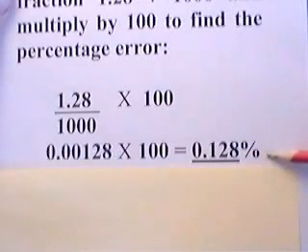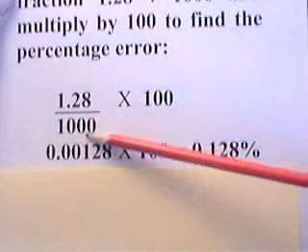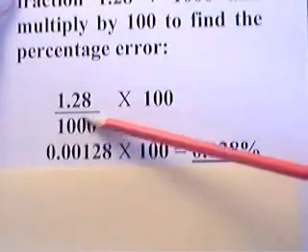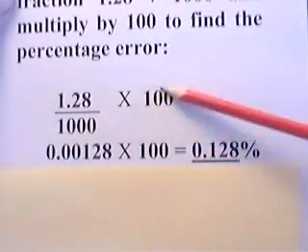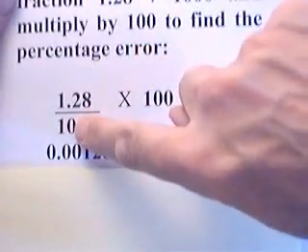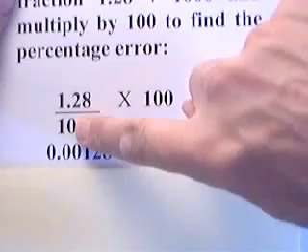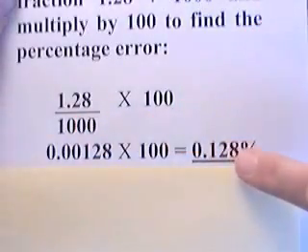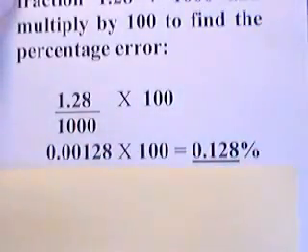That is the percentage error. I could of course here have crossed off 1 0 there, 1 0 there, with 1 0 here and 1 0 there, leaving me effectively with 1.28 divided by 10, which would have given me the same thing here.